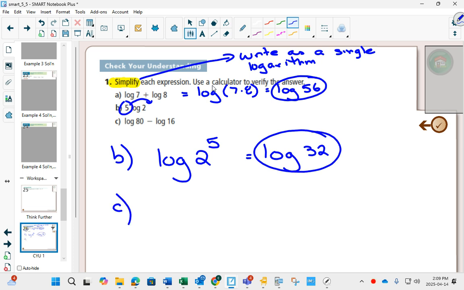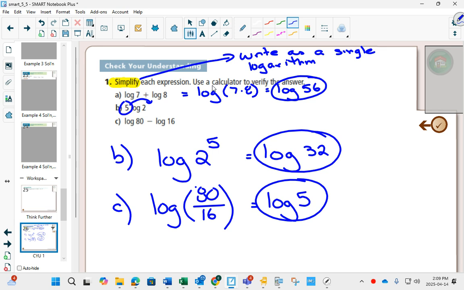And in C, subtracting, there's a log law that says if you subtract and your bases are the same, you can combine it as a single logarithm by dividing, and 80 divided by 16 is 5.